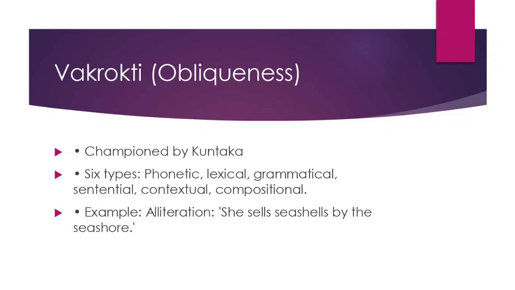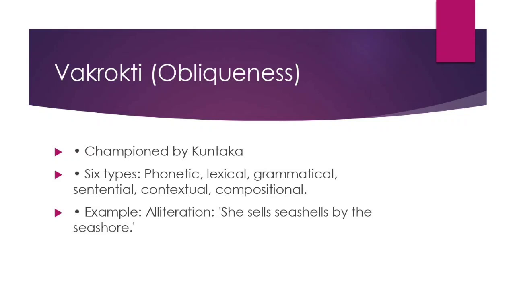Next we have grammatical, which is Vakya Vakrokti. So unique sentence structure or syntax is used in Vakya Vakrokti. For example, using inversion for emphasis, like in "Silent night when rest I took." So this is where grammatical sentence structure is played with, and this is known as Vakya Vakrokti.